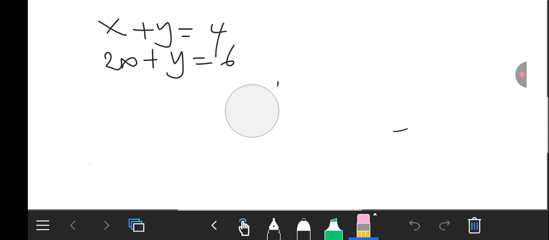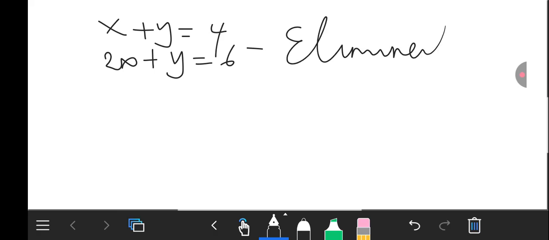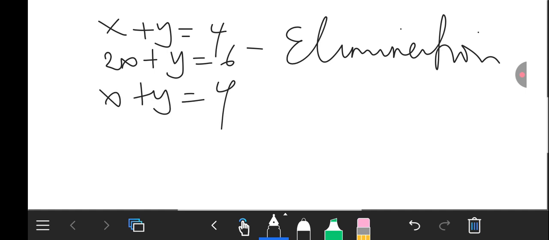You can use either of the two methods, elimination or substitution. But in this case, we can use either. Let me start with elimination. I said with elimination you need to cancel out something which is common. So we have x plus y is equal to 4 and 2x plus y is equal to 6.